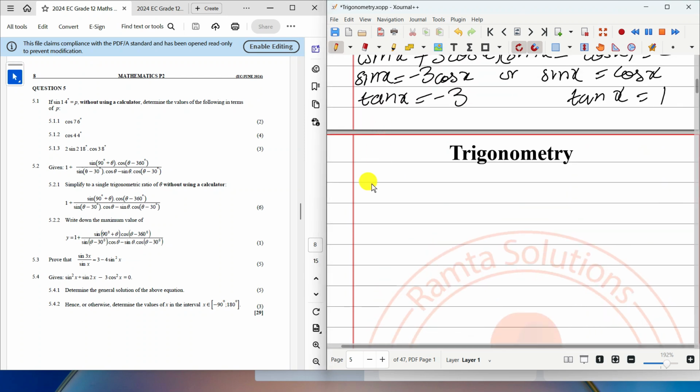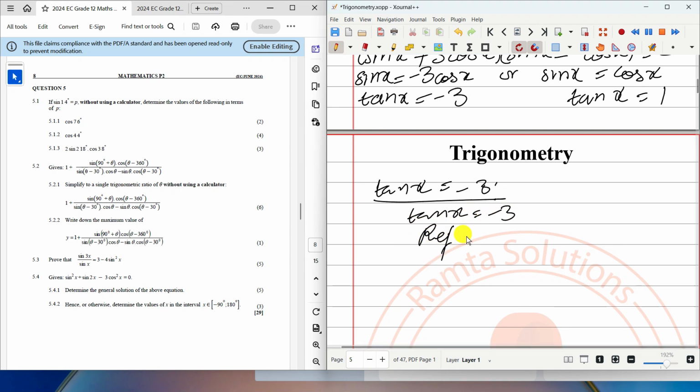So let's find our reference angle. Tan x equals negative 3. So when we say tan x equals negative 3, the reference angle is tan inverse of 3. What is it? Tan inverse of 3. Let's see.